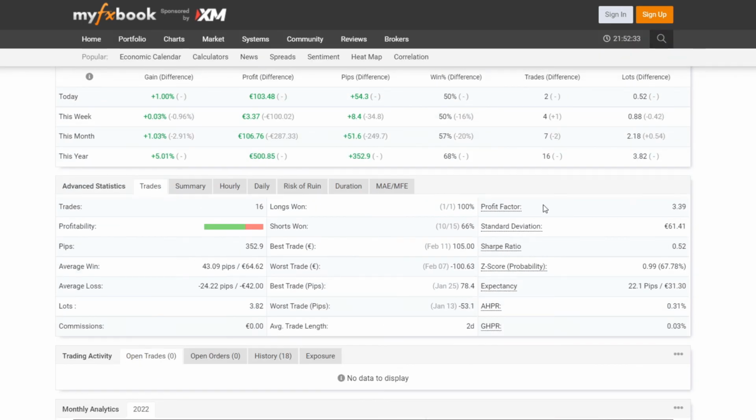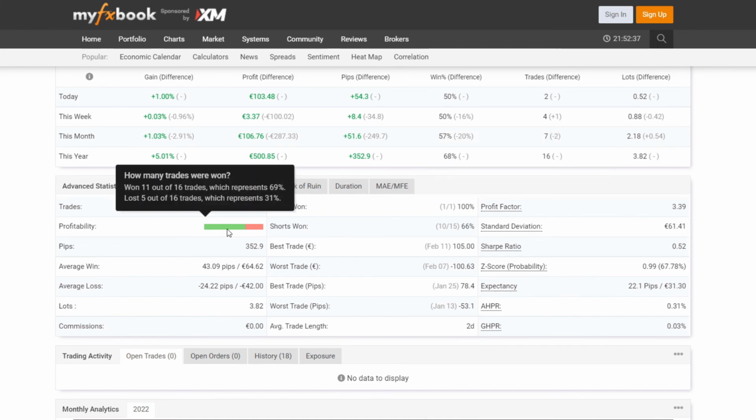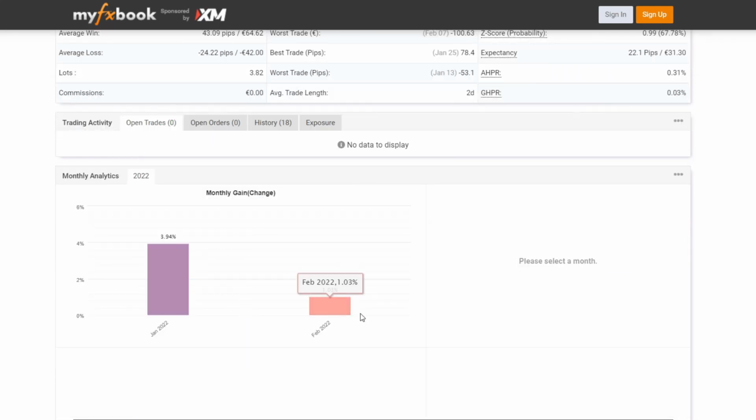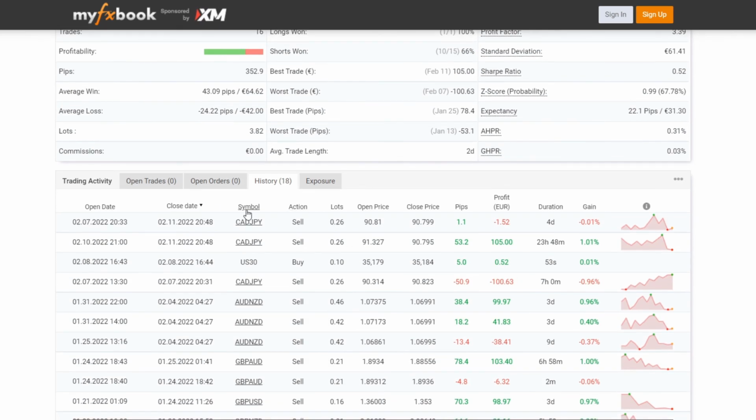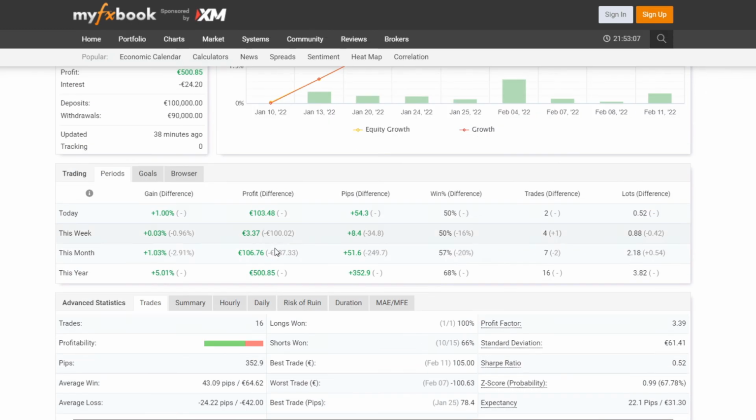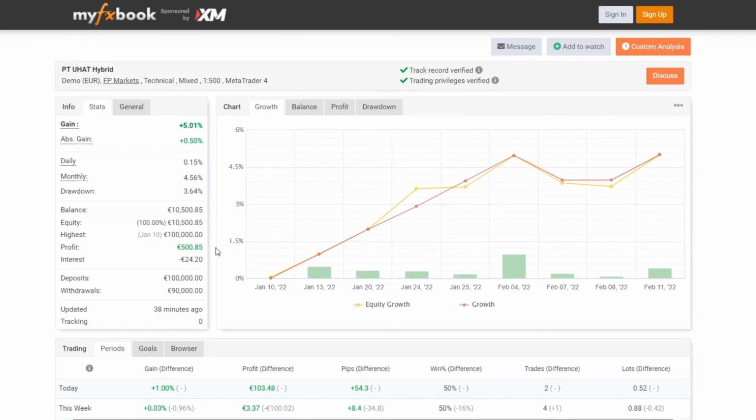As you can see, profit factor is above 3, which is nice. 69% win rate. Now we are up 1% for the month of February, and we are at the 11th of February. And over here, as you can see, the CAT JPY trade turned out to be a winner, which is nice, of course. So up to the next trade.